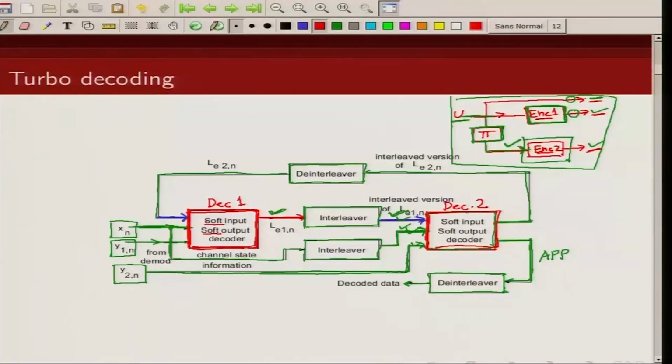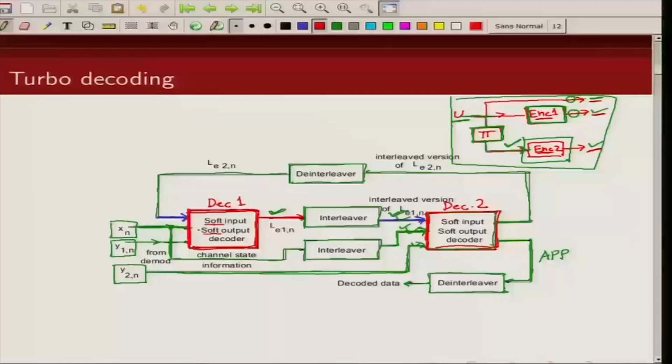Now, what is the algorithm which is used inside of this? I said soft input and soft output decoder. I said input is soft, output is soft, but what sort of algorithms can we use? We can use any algorithm which can take soft inputs and give soft outputs, and one of the most commonly used is the BCJR algorithm.